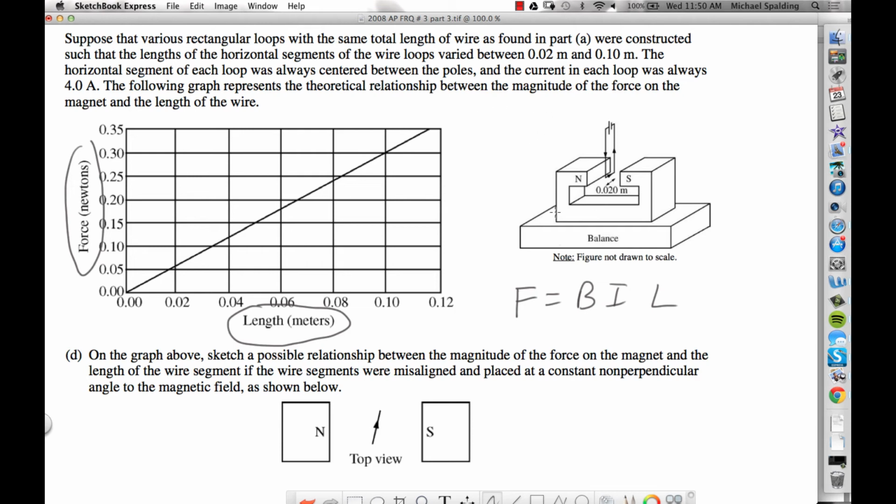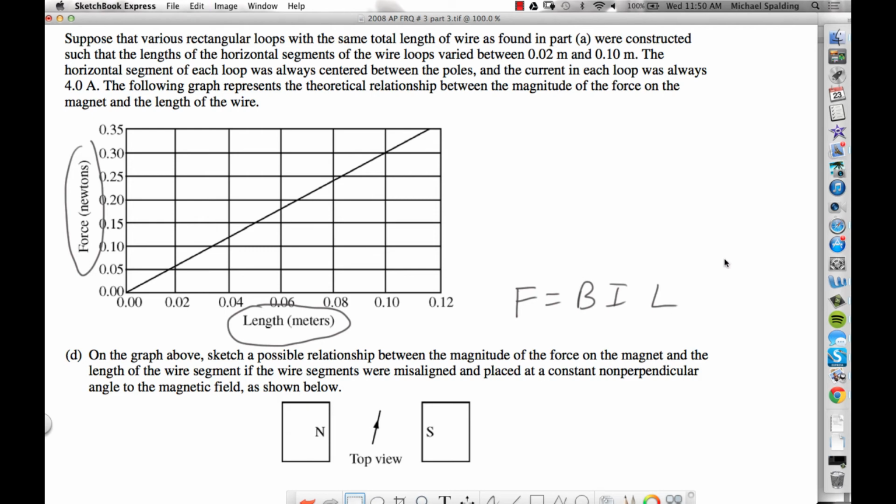Dudes, what's the equation for a straight line? I hope you know this. Watch, y equals mx plus b. The b is 0. That's the y-intercept. That goes to 0. Look at what's on the y-axis? Force. What's on the x-axis?